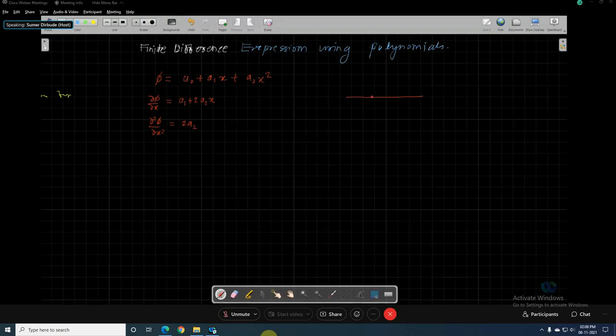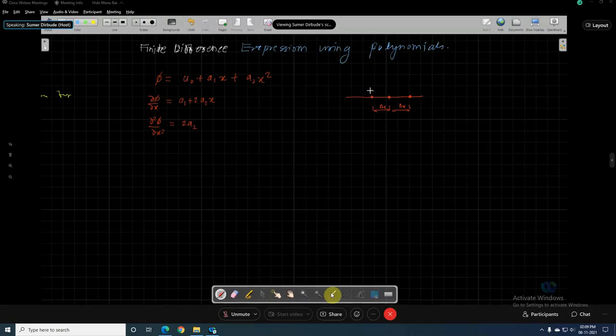These are nodes. This is my starting node. I take another node and one more node, at a distance delta x, the same delta x. You can vary it, like beta delta x, and then you can get an expression for that. But the easy one is this. So let us see with this.